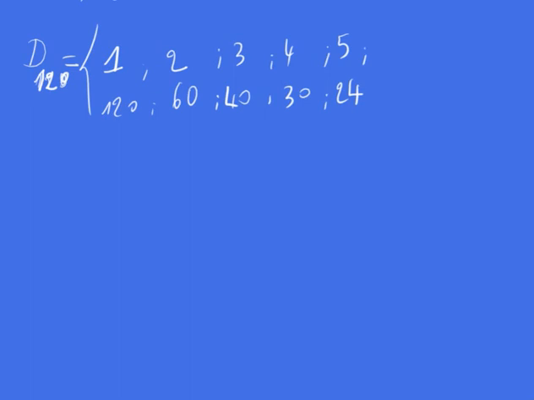We can also divide by 6, the quotient is 20. Divide by 8, the quotient is 15. And we can also divide by 10, the quotient is 12. So this is the set of divisors of 120.